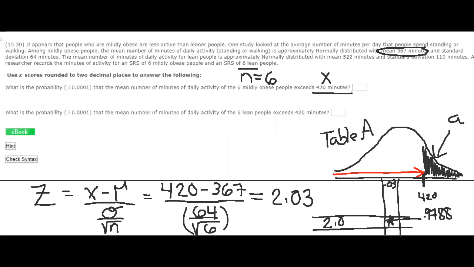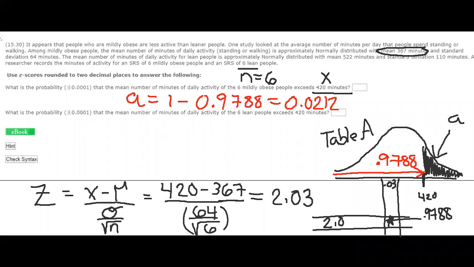So the area to the left is 0.9788, which means the area on the right is 1 minus 0.9788, which is, I'm getting, 0.0212.